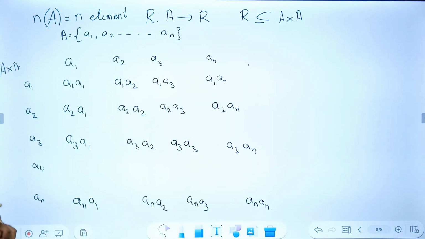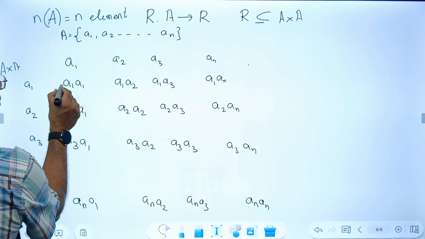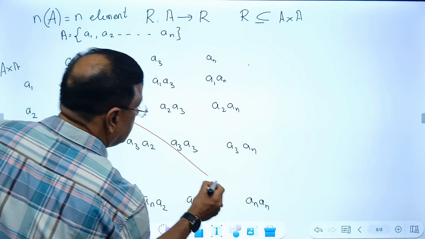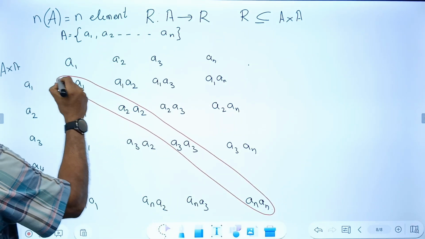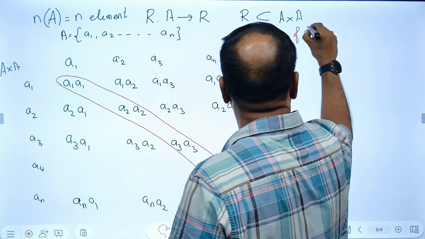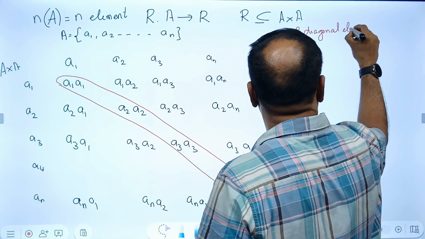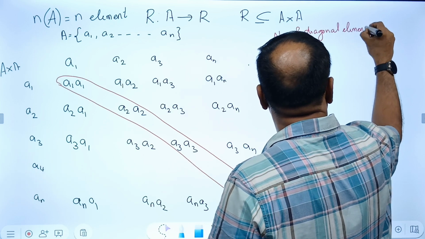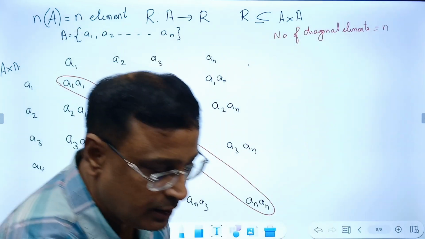Now, how many diagonal elements are there? These are the diagonal elements. Look at this. There are totally n diagonal elements.